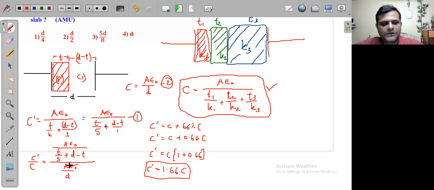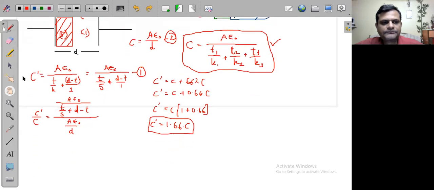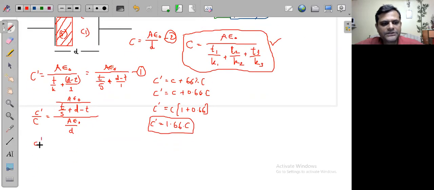But here A epsilon naught will just get cancelled, and in the next step C dash upon C will become equal to D upon, this D will go up, so we get D upon T by 5 plus D minus T as it is.